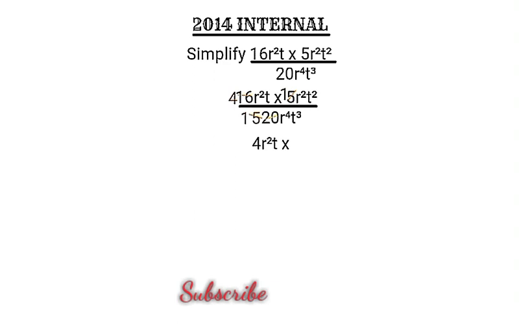Okay, so we're going to write 4r squared t times, then we are going to multiply. Where there is 1, it's more or less like there is 1. So when there is 1, we just write r squared t squared. It's just like saying 1 r squared and 1 r squared t squared.